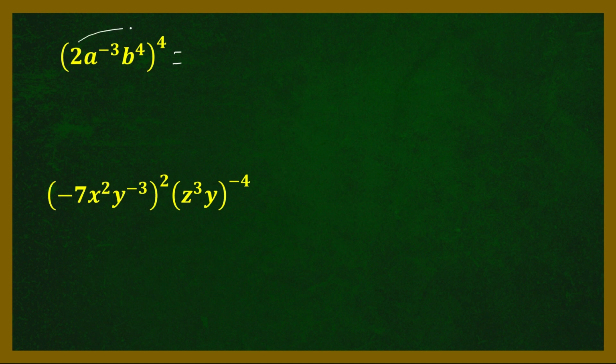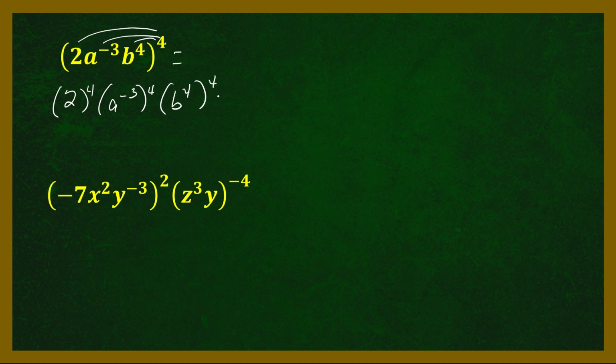So first we'll do 2 raised to the fourth power times a to the negative third power raised to the fourth power times b to the fourth power raised to the fourth power.